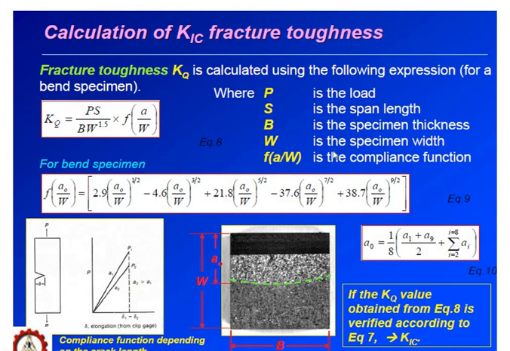There is no derivation. It has just been written in Dieter from another book. For now, at UG level, reading Dieter is enough. So refer to the equation for the tension specimen in this book. Here I have shown only the bend specimen: 2.9 into A0 by W to the power half, minus 4.6 into A by W to the power 3 by 2, plus 21.8, etc. Where P is the load, S is the span length, B the thickness, W the width.